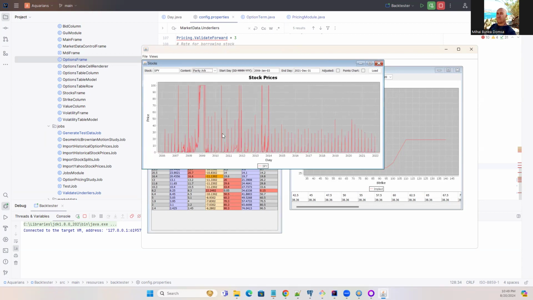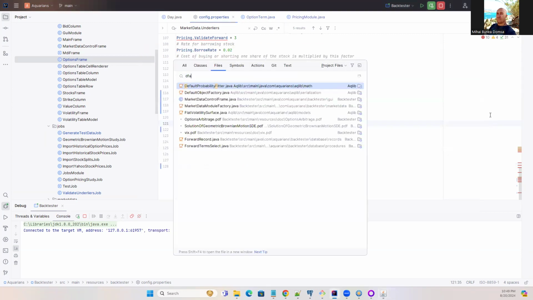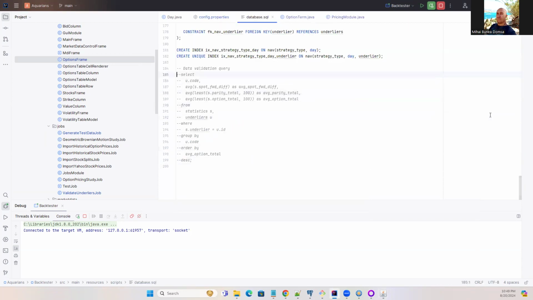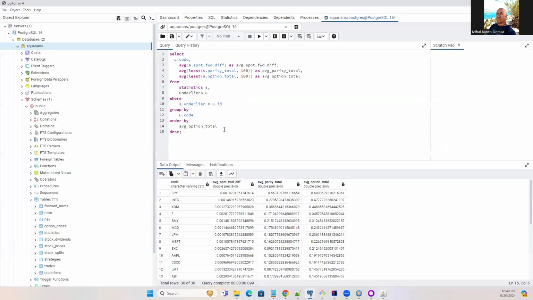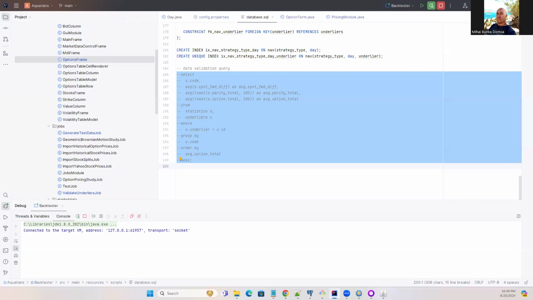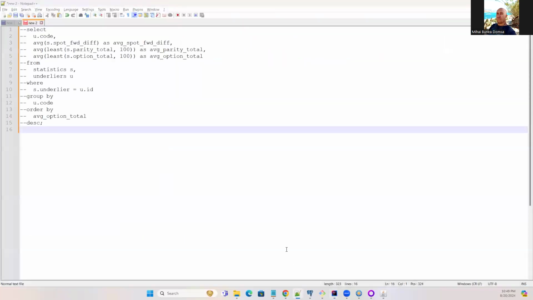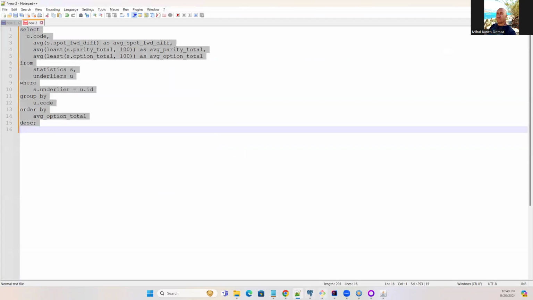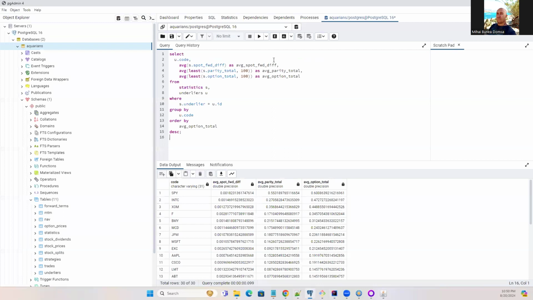So overall, this is how it looks for, let's say, SPY, and we also can collect sort of an aggregate for all stocks. So database, take this query and paste it here, remove the comments, and run it in PostgreSQL.